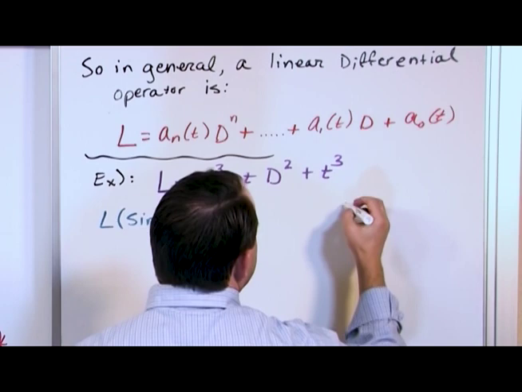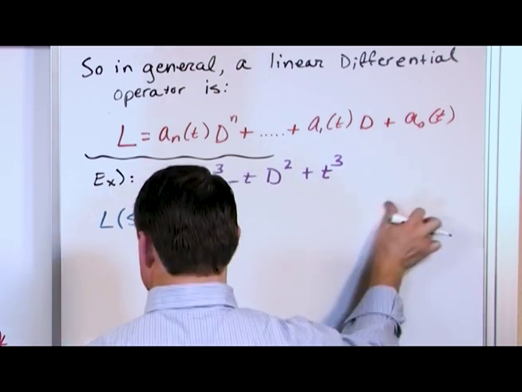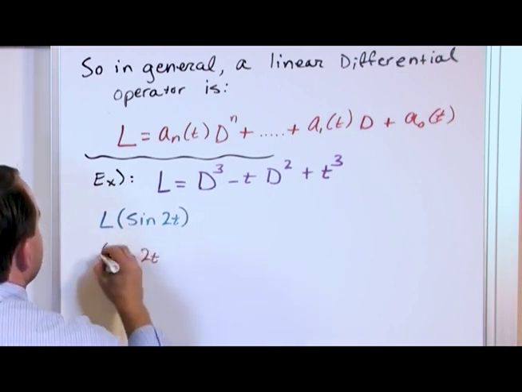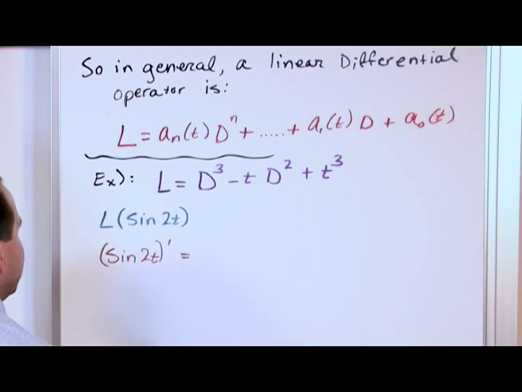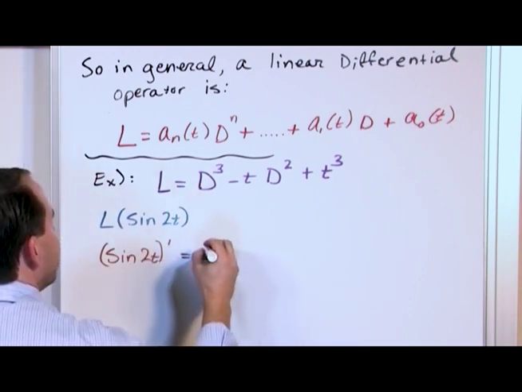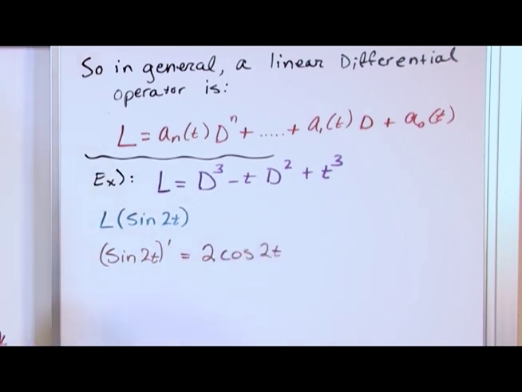So if I want to take sine of, actually it's probably easier just to do it down here. If I want to do sine of 2t, take the first derivative of it, what am I going to get? Derivative of sine is cosine, but I'm going to have a 2 out front from here. So 2 cosine 2t. Okay.